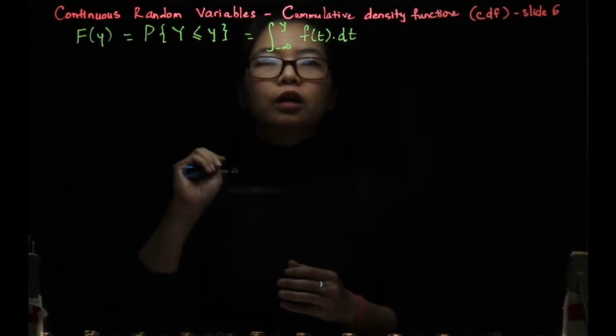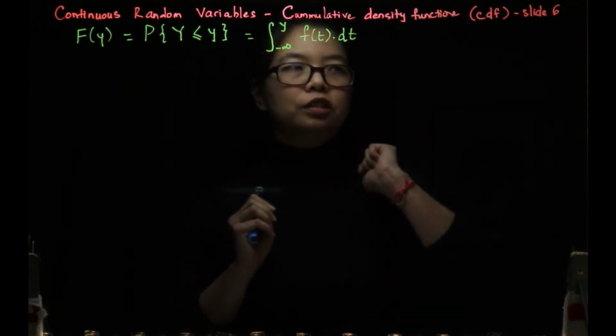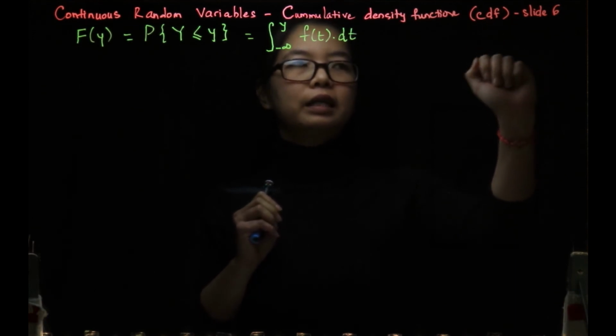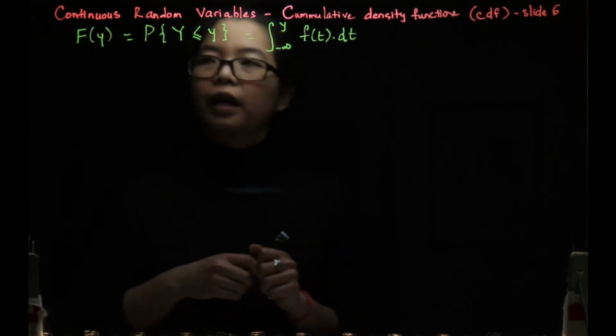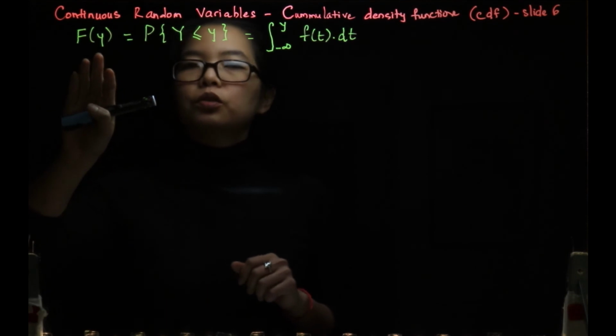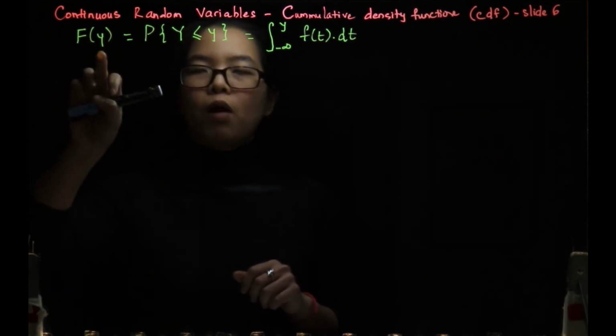Okay, now we move on to the concept of the cumulative distribution function, which is usually denoted as the CDF, as planned on your slide 6. So the cumulative distribution function is usually denoted as the capital F of y.